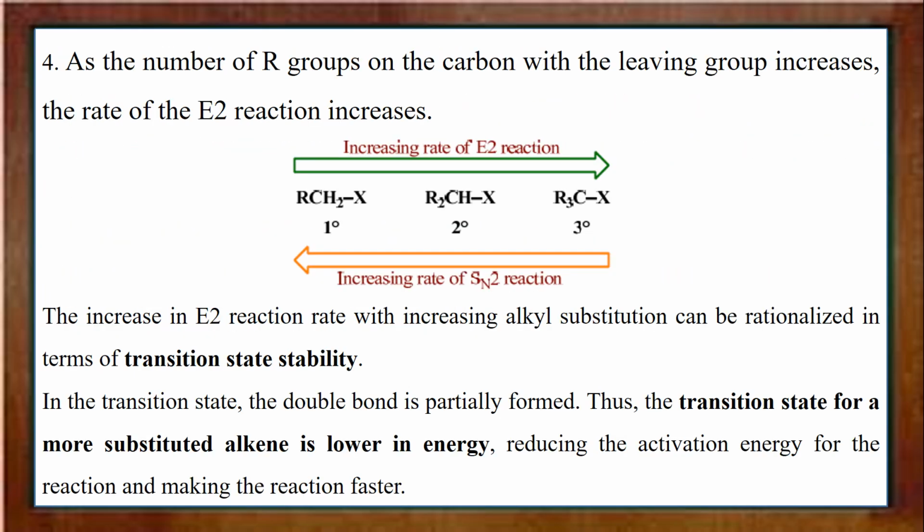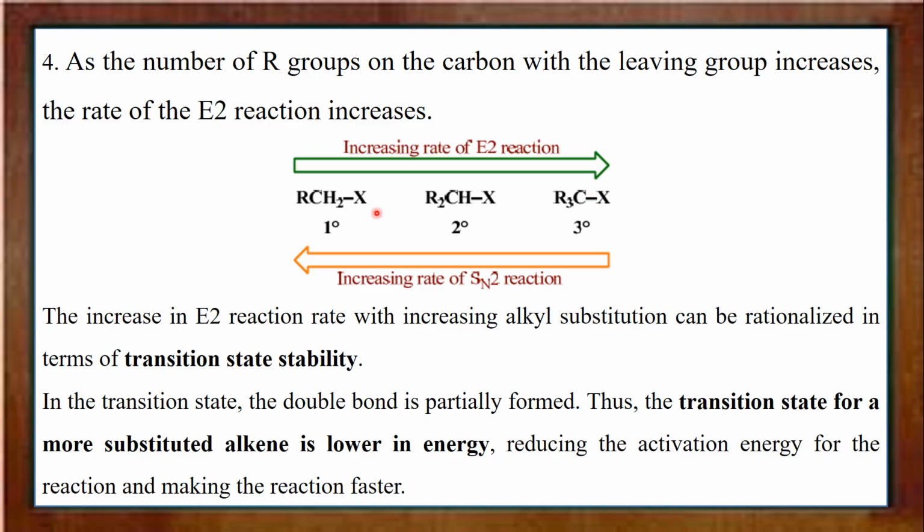Another very important factor which influences the rate of E2 reaction is the nature of the substrate which undergoes elimination. If the alkyl halide is a tertiary substrate, the rate of E2 reaction is very high.